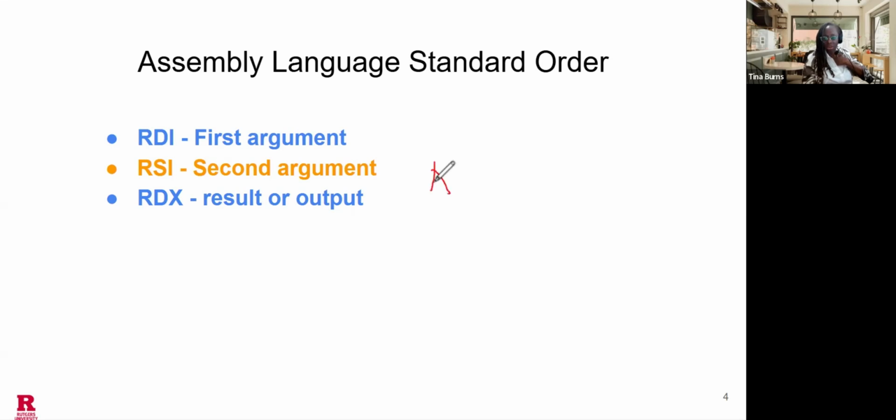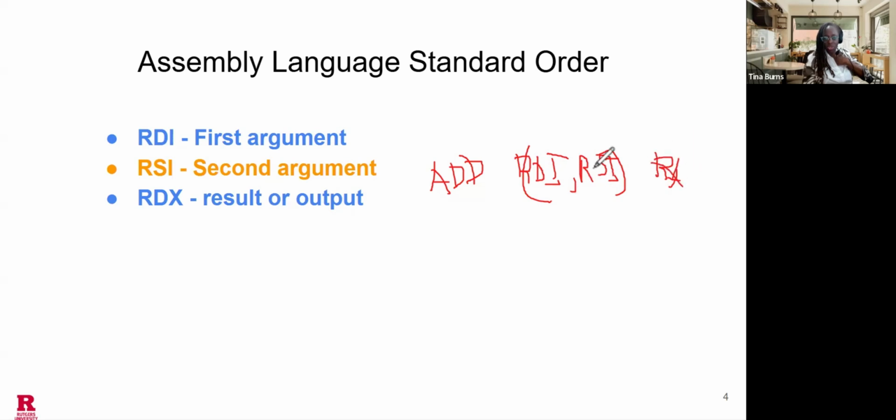So if I say add, and then I have RDI, comma, RSI, if I have something like this, and then in some cases you might have a third item here, this would be where your result or output is stored.